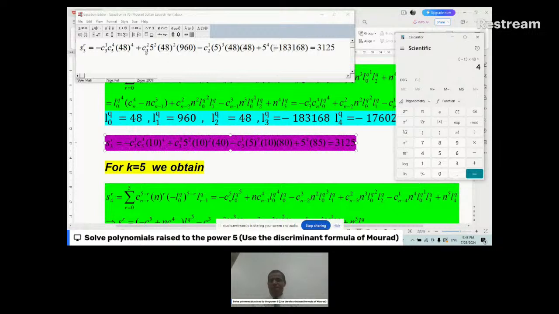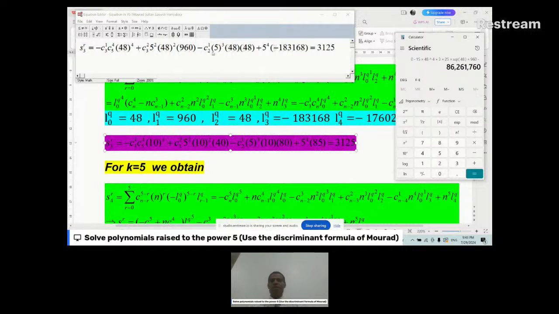Plus, learners, what? Plus 3 times 25, times 48 times 960. This is the square of 48, times 48 squared, of course, times 960, minus what?